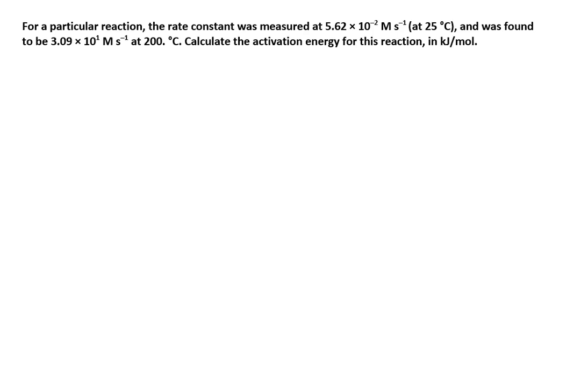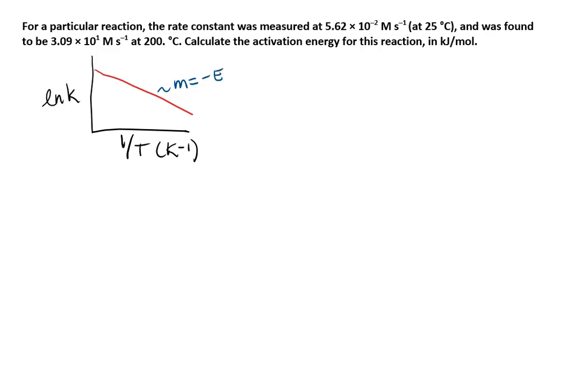The way that we typically determine activation energy is to construct a plot of ln k versus 1 over T. What we get from that plot is a linear relationship where the slope is equal to negative Ea over R. So knowing the value of the slope and rearranging this equation, we can solve for the activation energy.